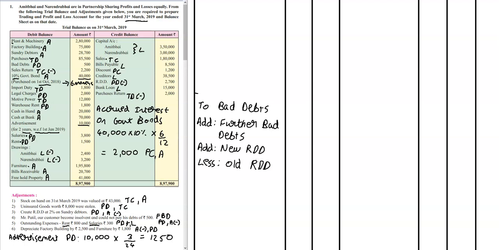Now, how much is the bad debts given to us? 500. So I'm just going to put 500 on the trading account debit, on the P&L account debit side.